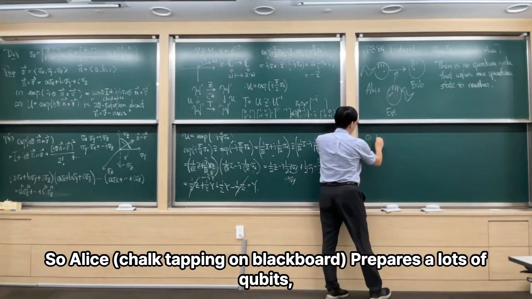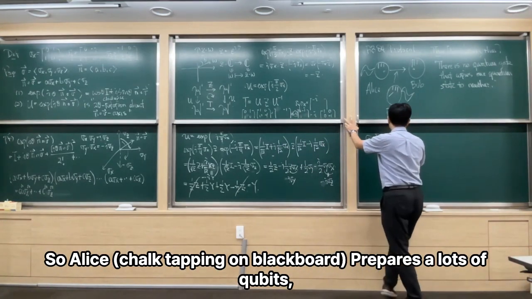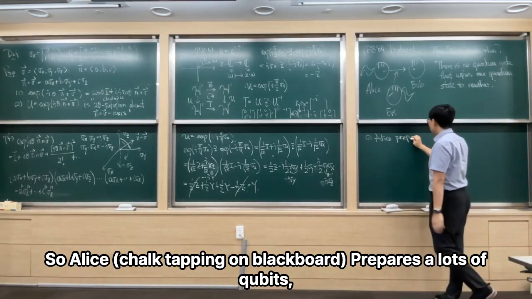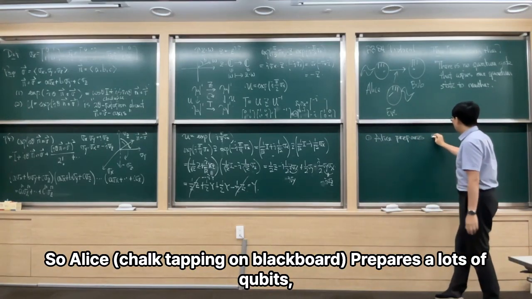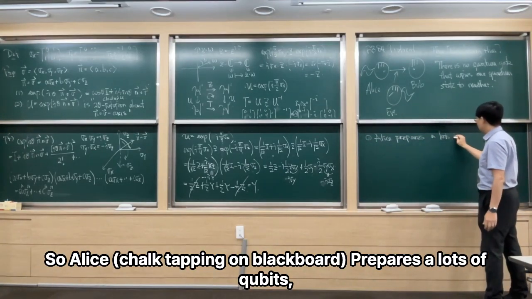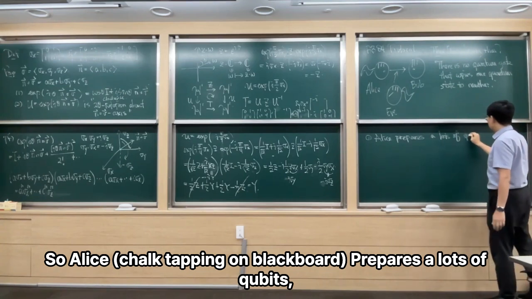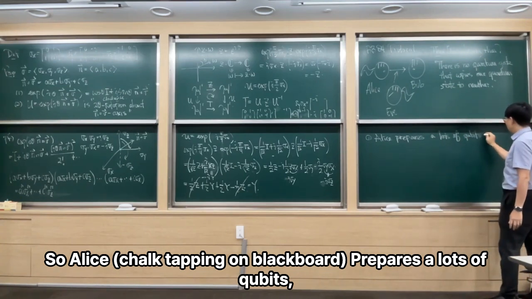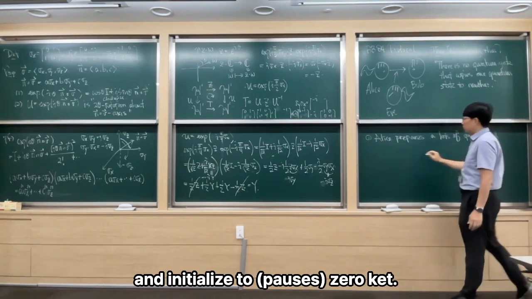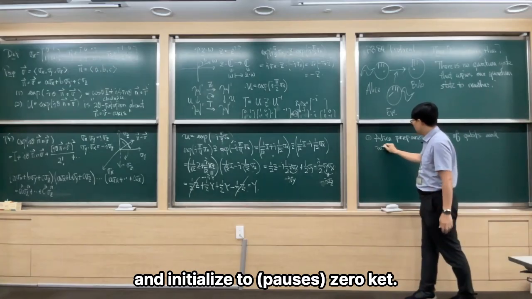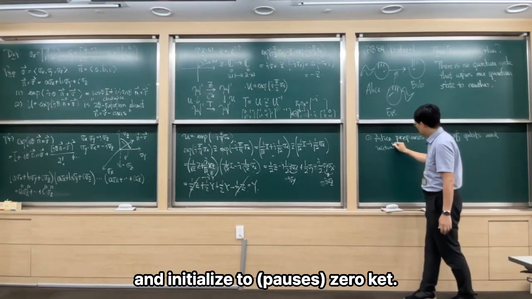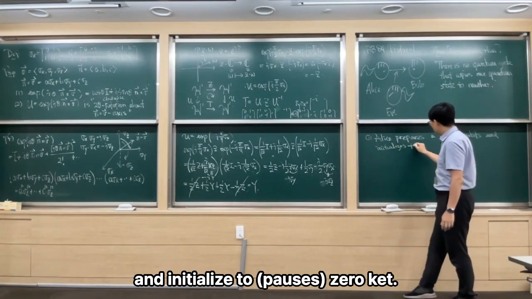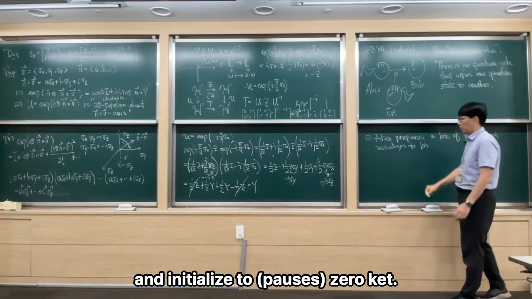So Alice prepares a lot of qubits and initializes them to 0 cat.